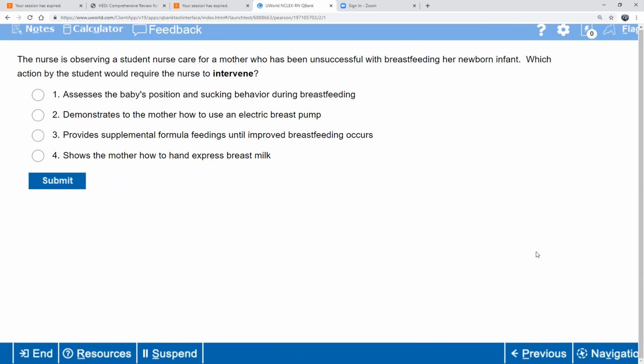Provide supplemental formula feeding until improved breastfeeding occurs. Show the mother how to hand express breast milk. Okay. The second, yes. What would you provide, supplemental formula feeding?